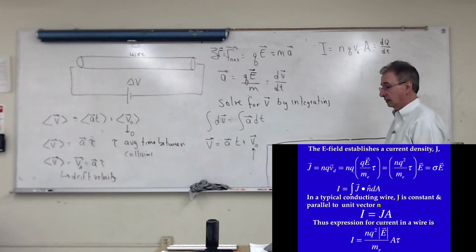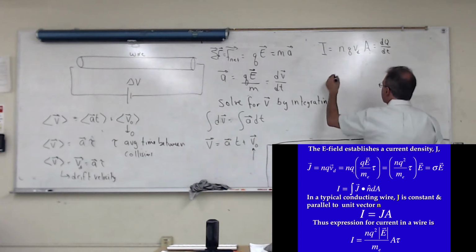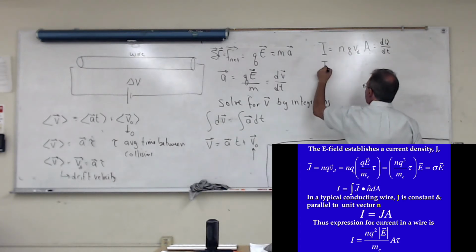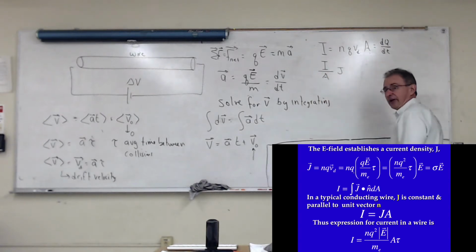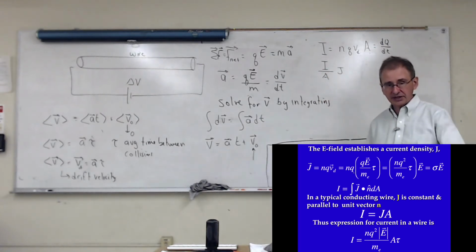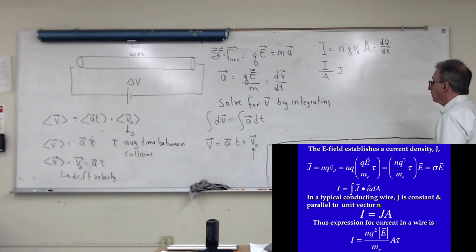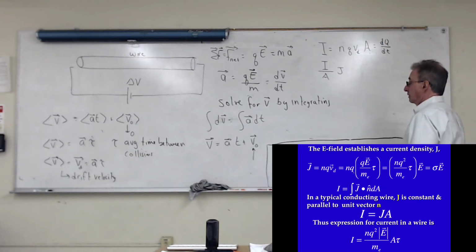Okay. I want to look at the amount of current per unit area. We call it J, but J is really a vector. I'll say something about that in a little bit. I want to look at the number of coulombs per unit area.